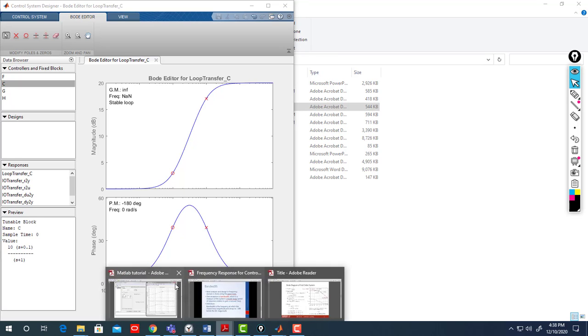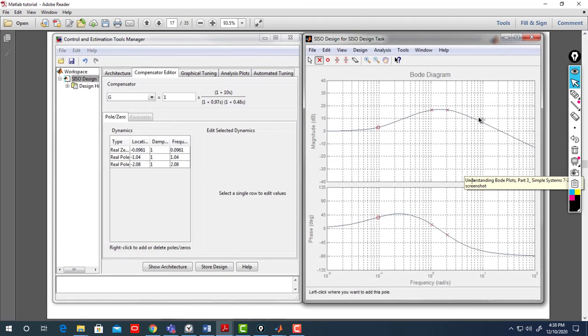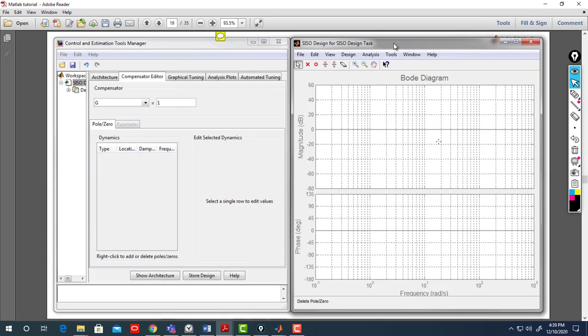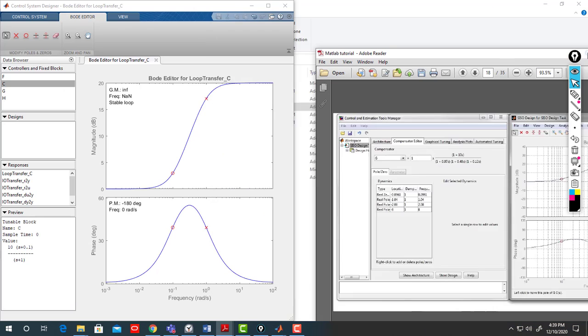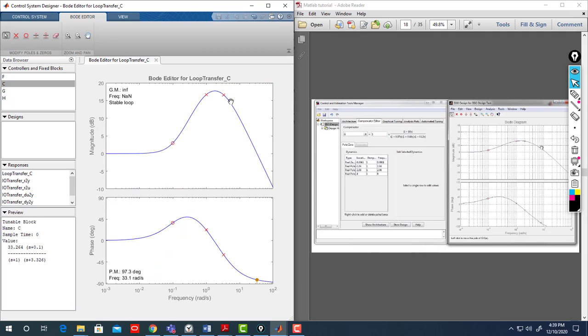Let's go back to the tutorial. So you could add another pole. Okay, and here you go. For example, if you wish, you could add another pole, like if I add it here. If you really want to attenuate the frequency, not only keep the same amplitude but attenuate more, you see now from 0 it went to minus 20 decibel per decade.